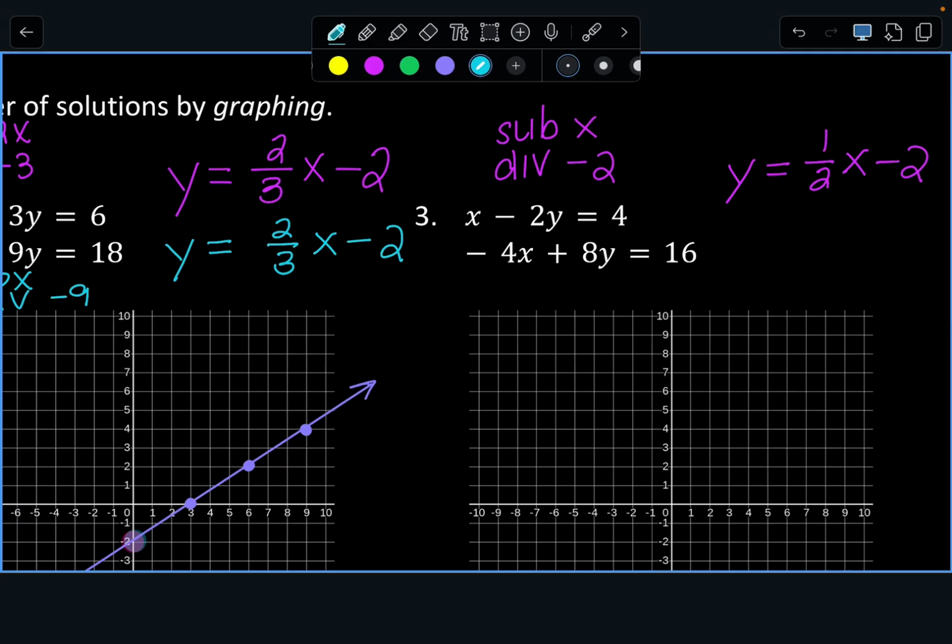On the bottom one, we're going to add 4x to both sides, then divide everything by -8. Just kidding, +8. So y is equal to 1/2 x plus 2.